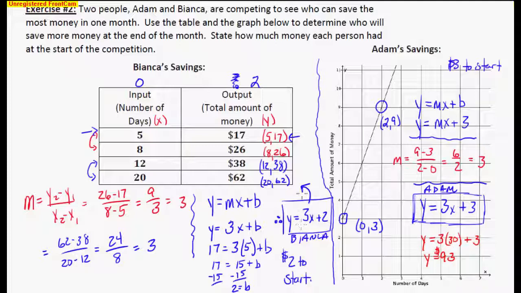Okay. If I plug a 30 in for Bianca's equation, I got a little space over here. I'm going to do it right here. All right, 30. Oh, that's a terrible 3. Let's fix that. All right, 3, and I plug a 30 in here. Well, hers only comes up to $92. So obviously he's going to save more by $1 at the end of the month.